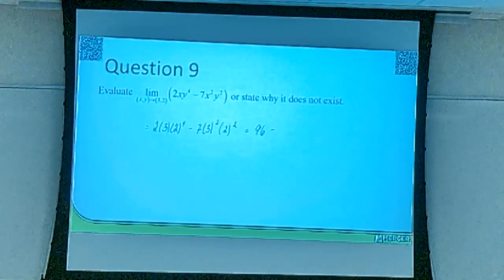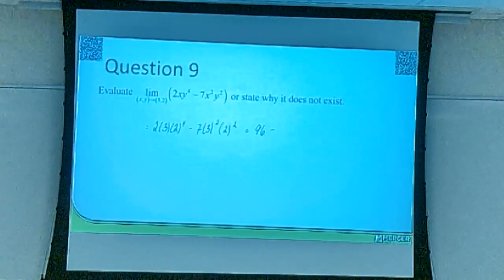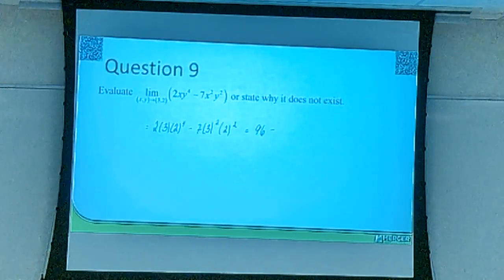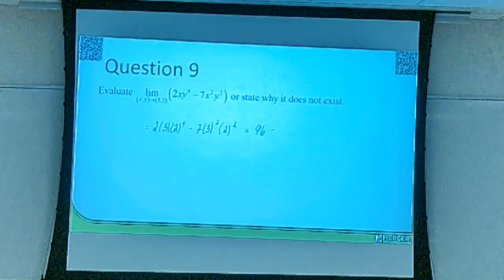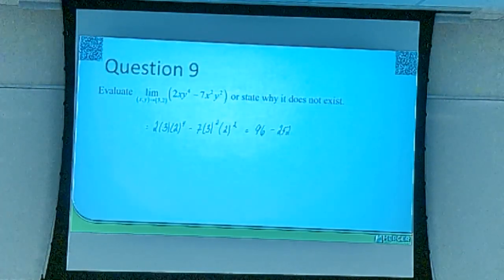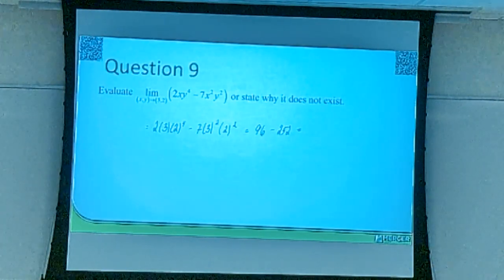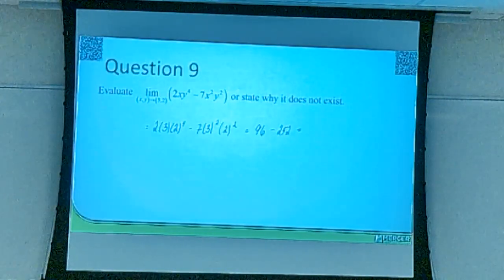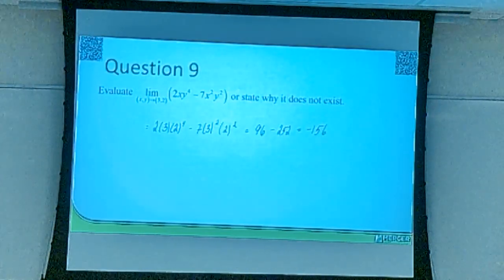And then 63 times 4. 256 minus 4, 252. So it's 252. And then 96 minus 252. What's 252 minus 100? Add 4, it would be 156. Negative 156. There's your limit.